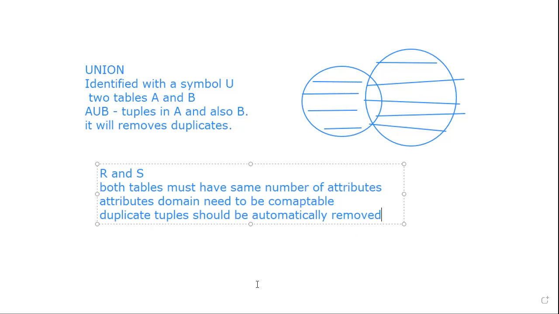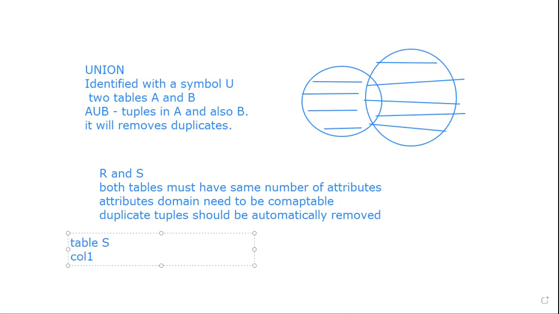I will give an example here so you can understand better. Let us see, this is table S. It has column 1, column 2, so it contains 2 attributes.